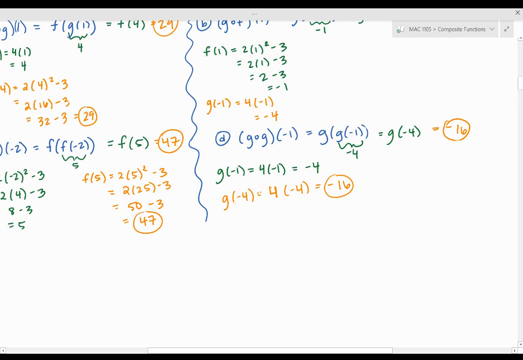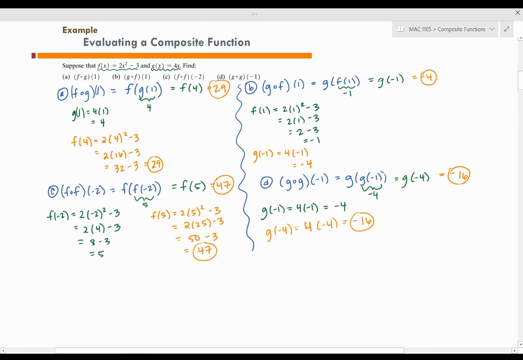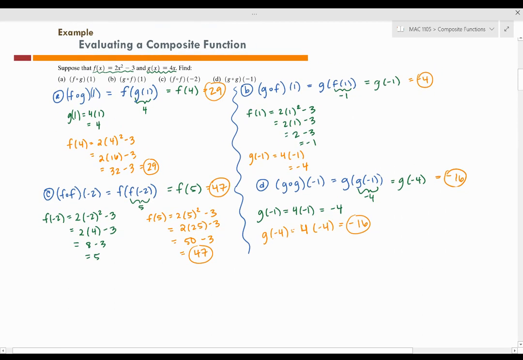So those are our answers. We've done A, B, C, and D. So hopefully now you guys know how to evaluate a composite function.